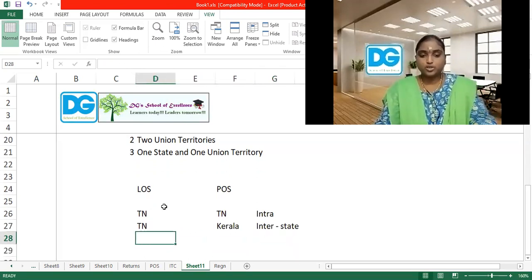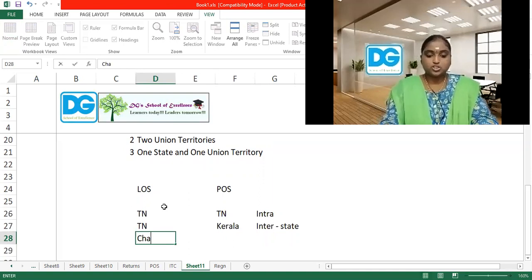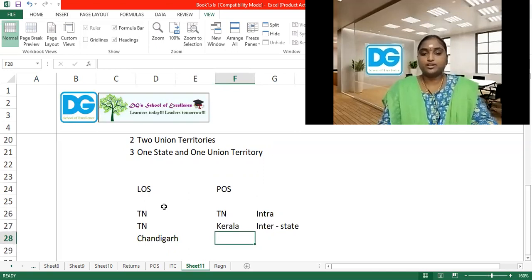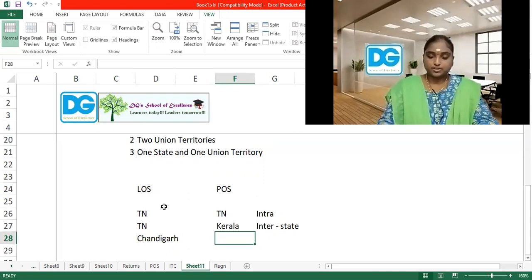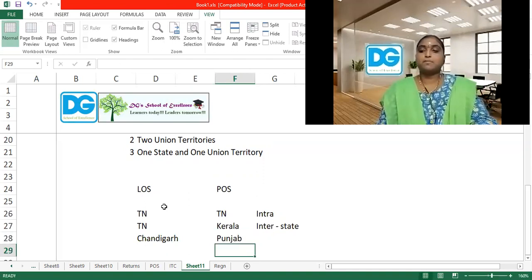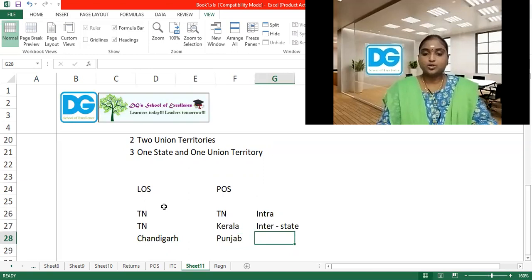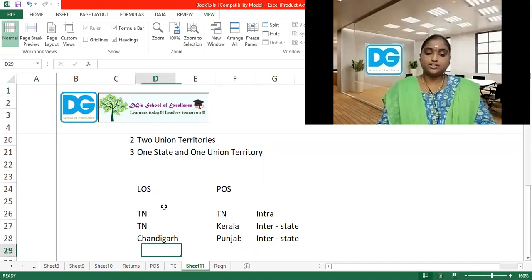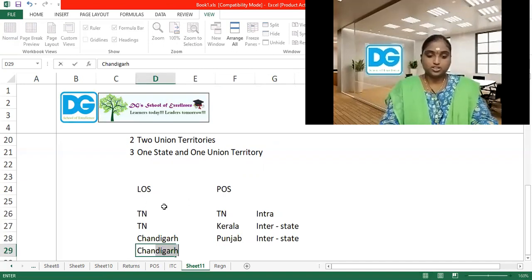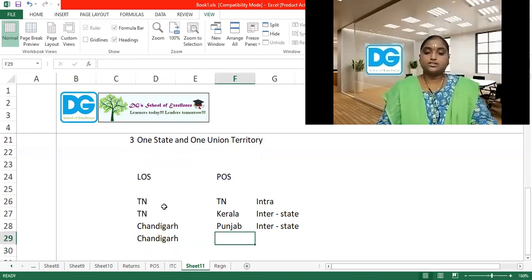Now suppose the location of supplier is Chandigarh, which is a union territory, and place of supply is Punjab. Again it is one state and one union territory, and therefore it is interstate supply. Location of supplier is Chandigarh and place of supply is Lakshadweep.